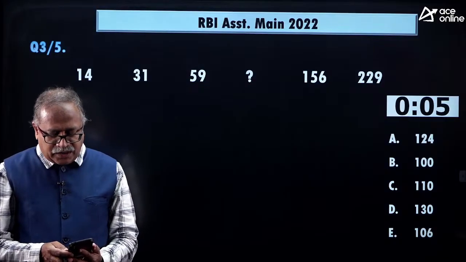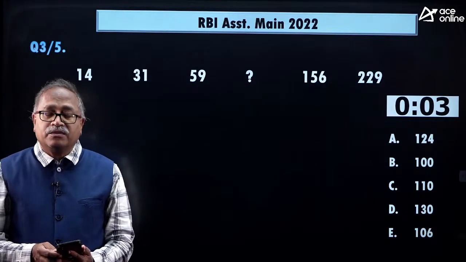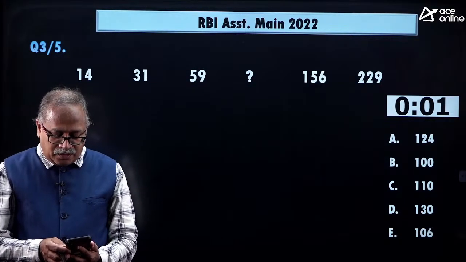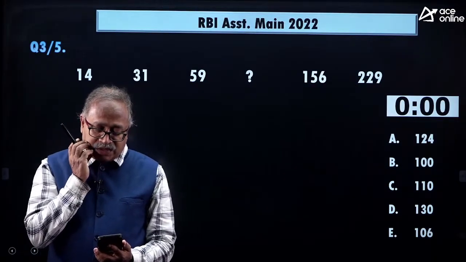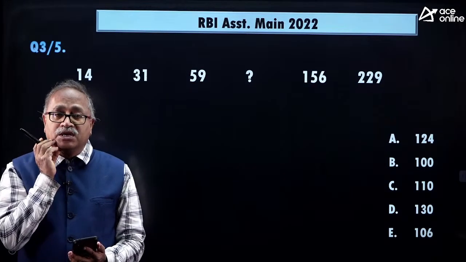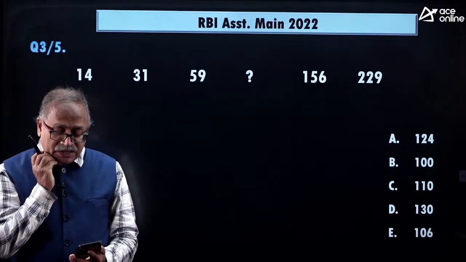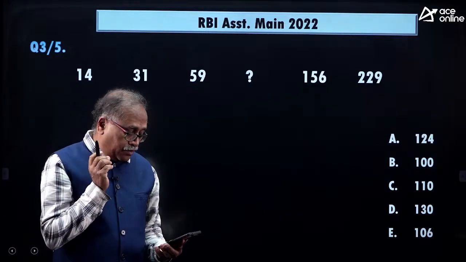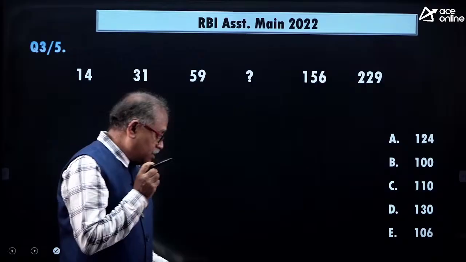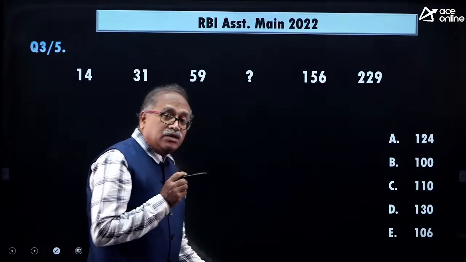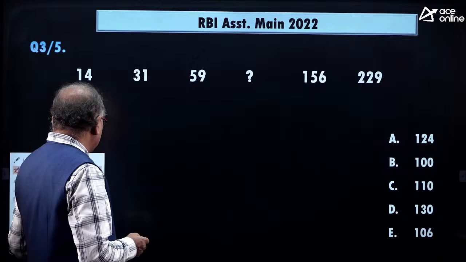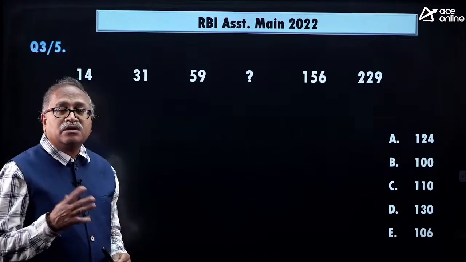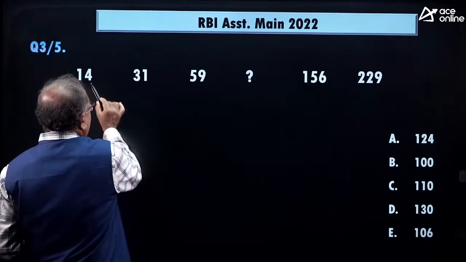Okay, I can find that some people are not comfortable with number series, because Aman was very fast in all the arithmetic related questions, maths related questions, but I cannot see his response equally fast in this part. So what I am going to do here, the way the difference is there, I will first try here.